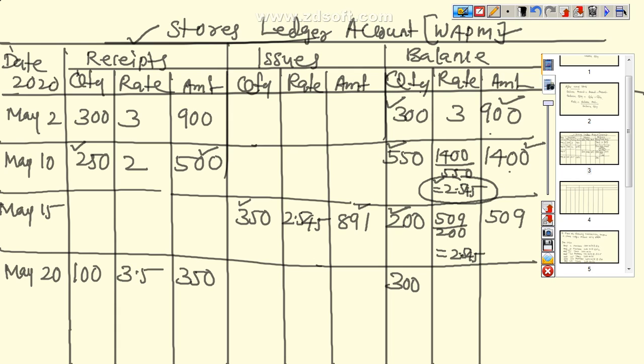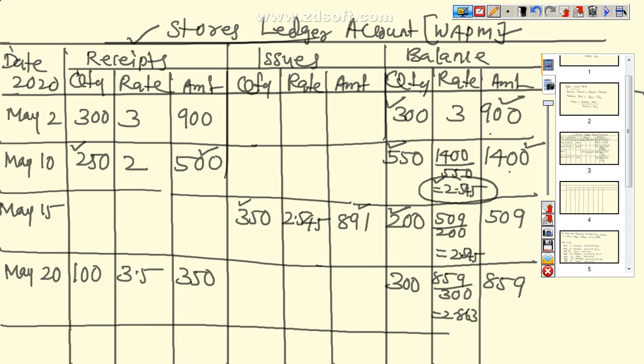So 509 plus 350, that is equal to 859. Now again we have to calculate the rate, that is equal to 859 upon 300, that is equal to 2.863. This transaction again is over.